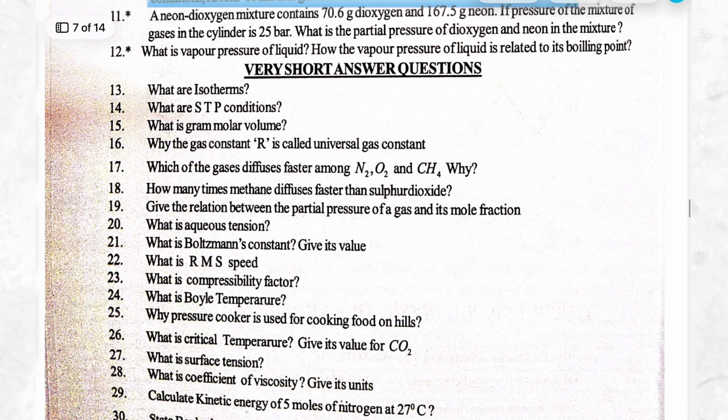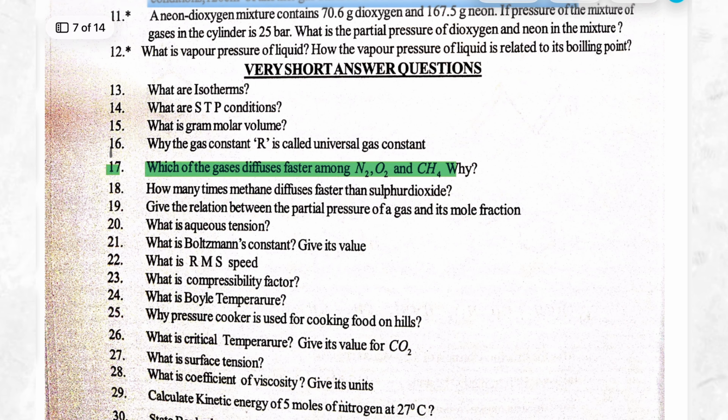Next, VSQs. I won't explain all, but you can see here; take a screenshot. Isobars, STP conditions, gram molar volume, R values. Question 17 is very important. 17 is the most important question.